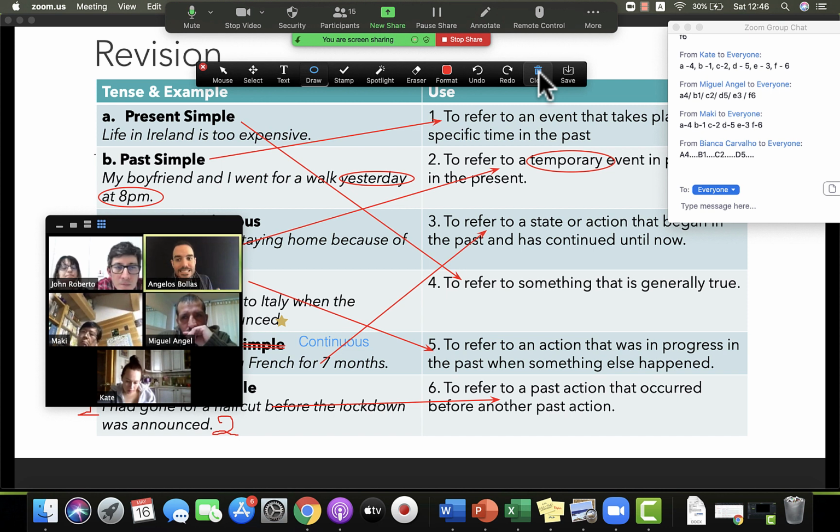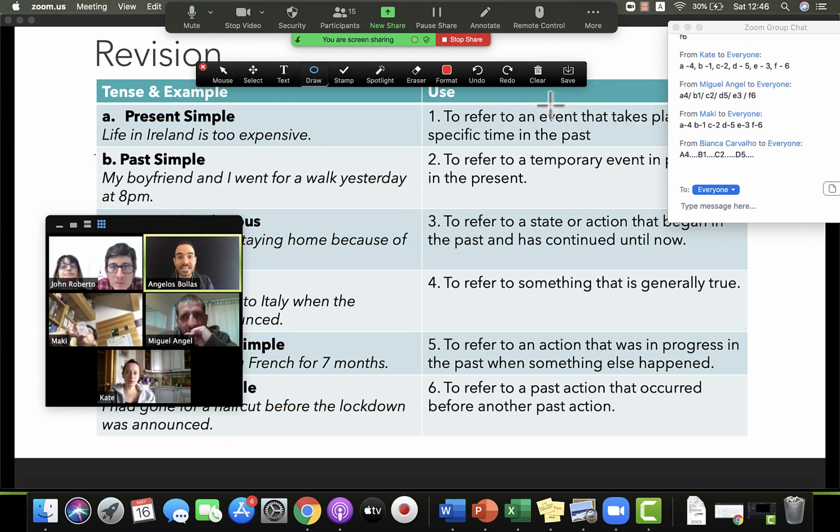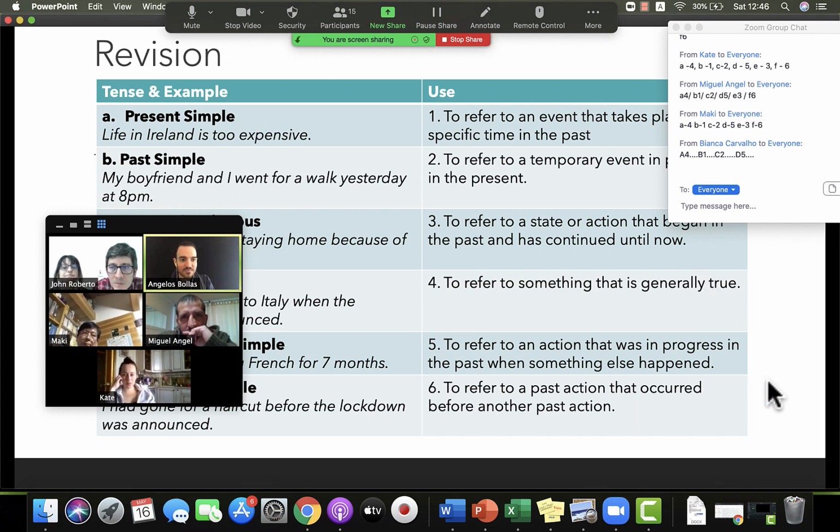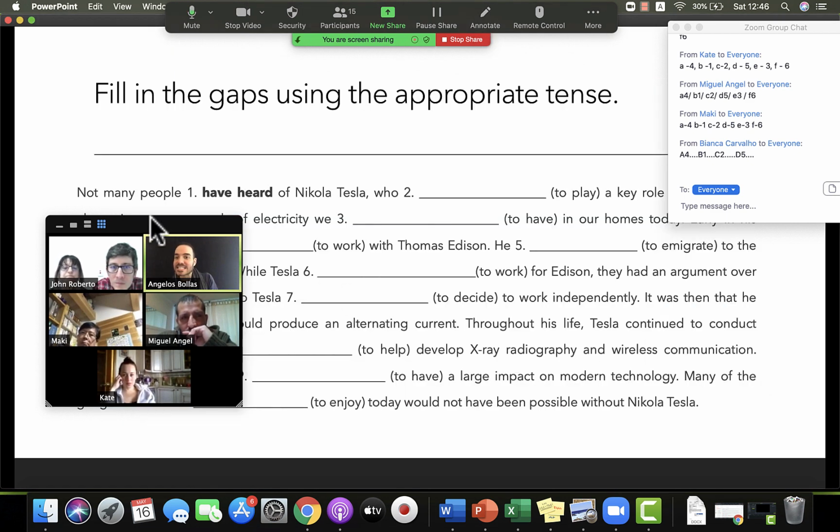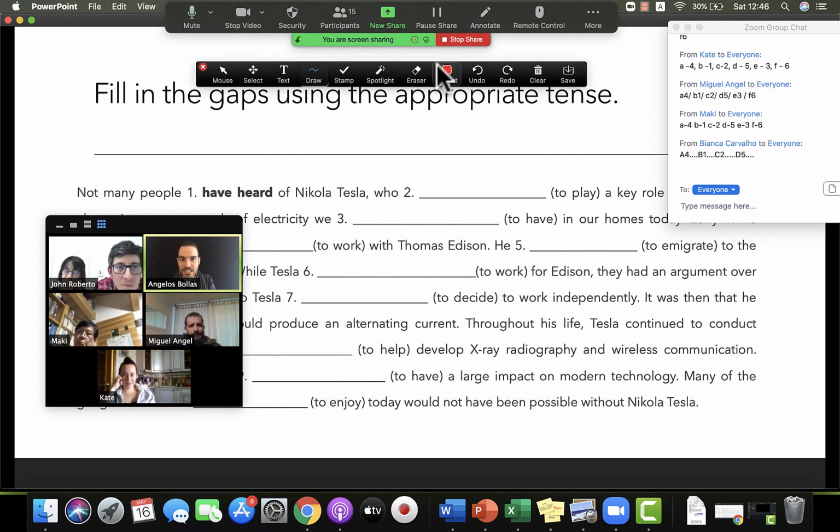Let's practice. Now that I can see you know these tenses, let's see how we can use them. First of all, in writing. So here I have the same text as before, the one about Nikola Tesla, and I have added the verbs in brackets.